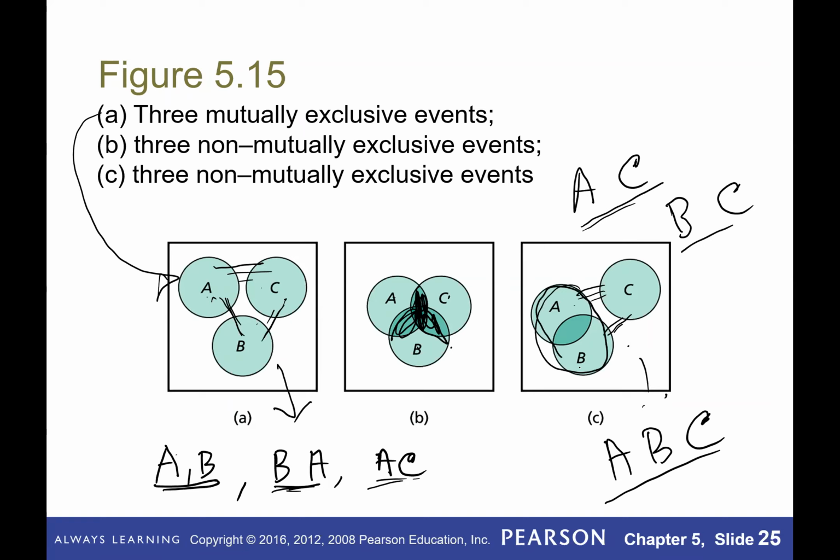This pair is not mutually exclusive. So that's why ABC are not mutually exclusive. But if you consider this pair and this pair separately, yeah, they are mutually exclusive. That's true. Is it clear? Okay, great.